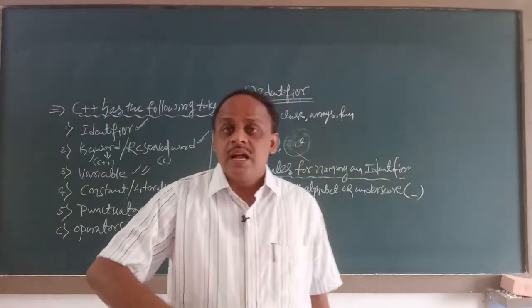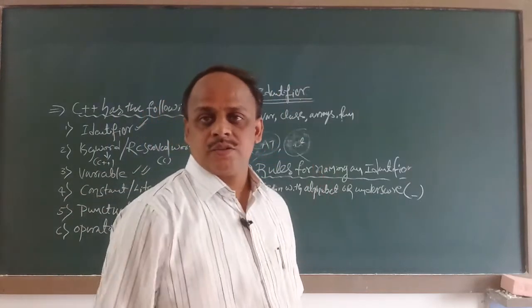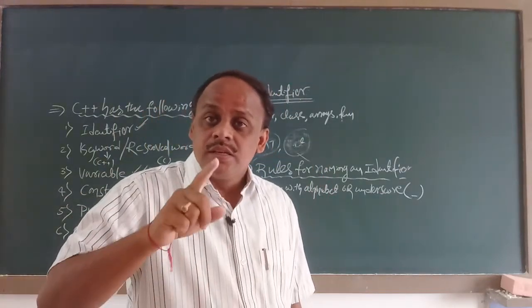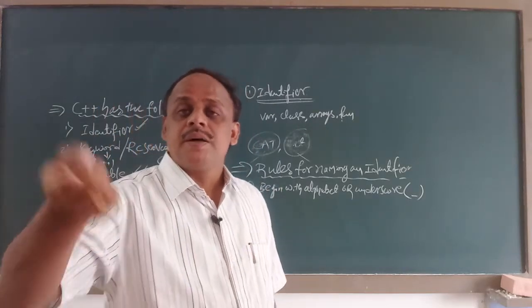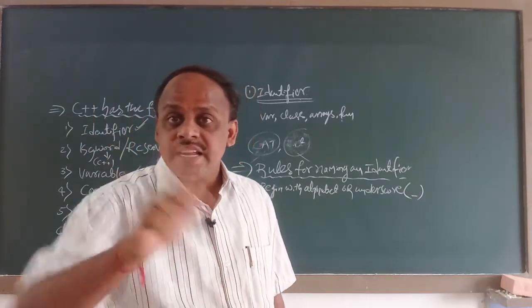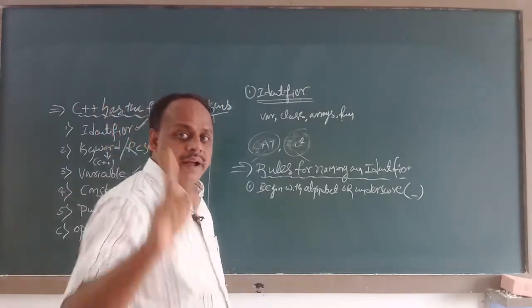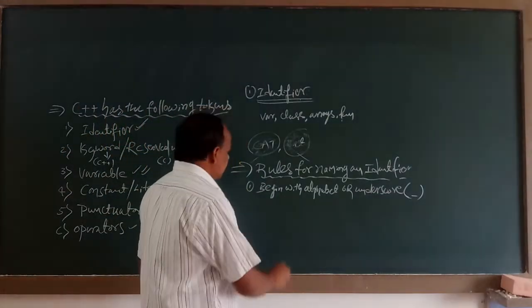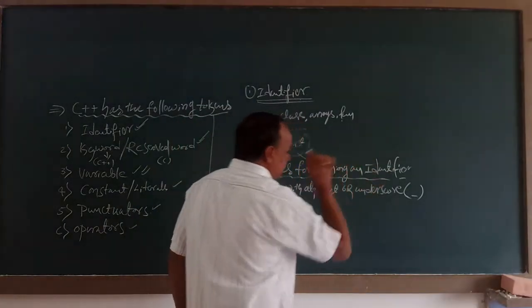It means an identifier always begins with an alphabet or underscore. Suppose something begins with a digit or a special character, then it is not going to be considered an identifier, because the identifier rule says that an identifier should begin with an alphabet or underscore.